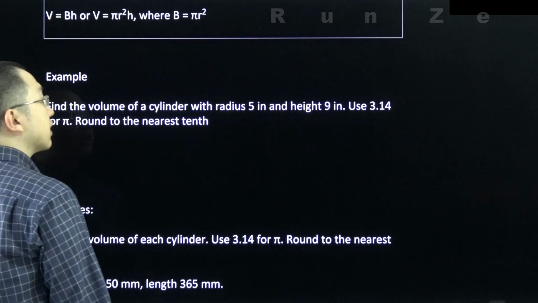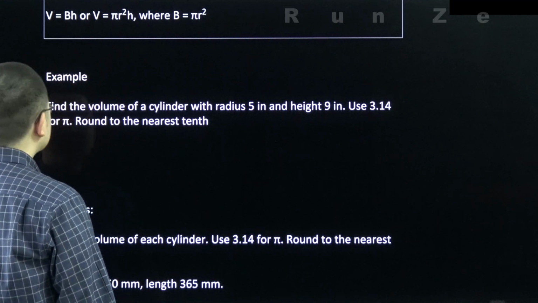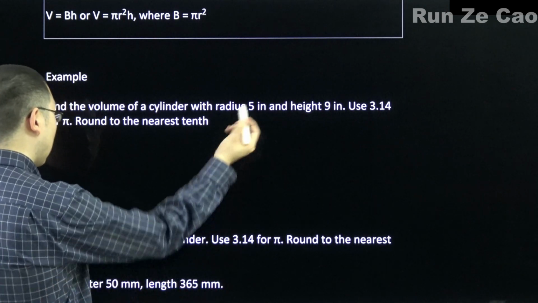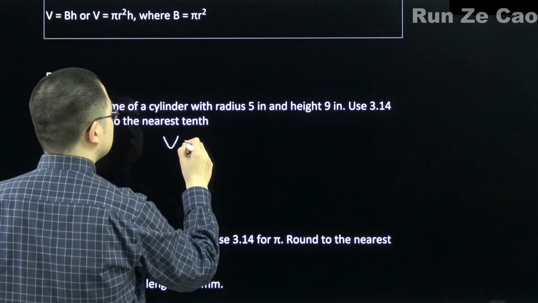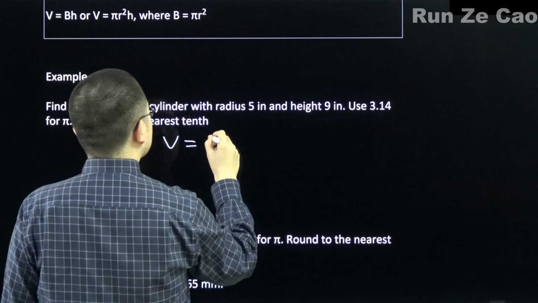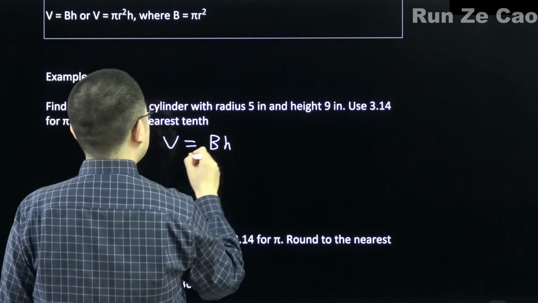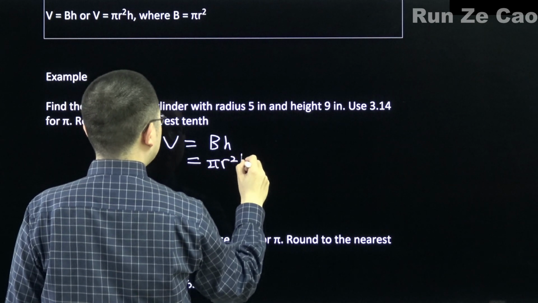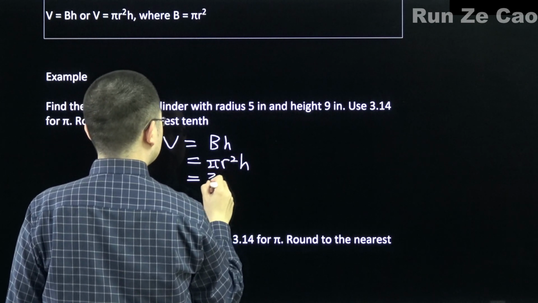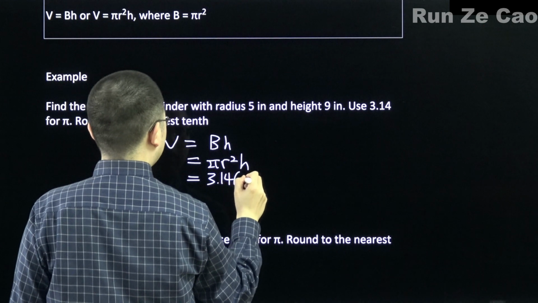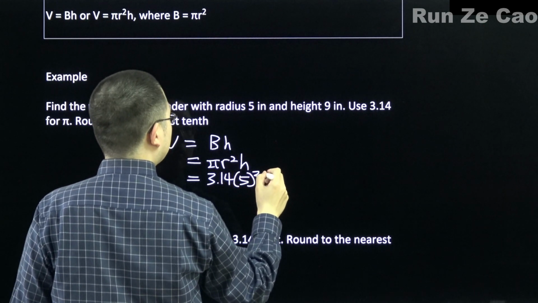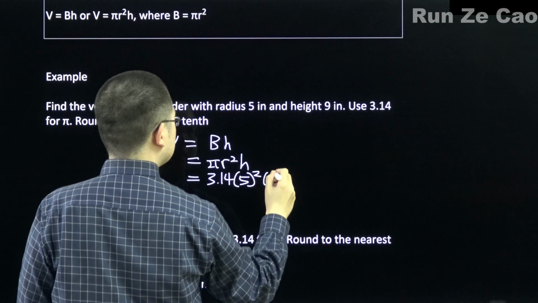Let's say we have a radius of 5 inches and height 9 inches. Use 3.14 for pi and round to the nearest tenth. Okay then, volume equals base times height equals pi r squared times height equals 3.14 times r squared. So radius is 5 squared times height, which is 9.